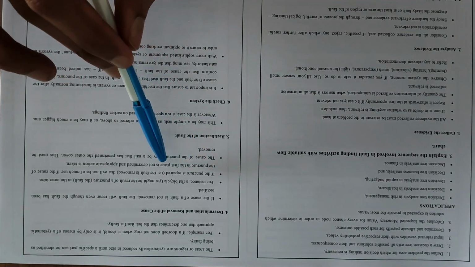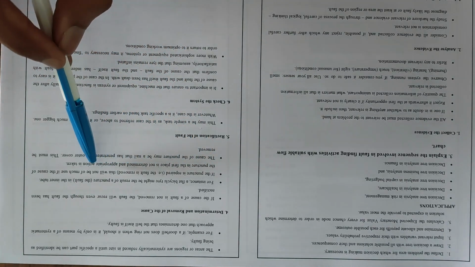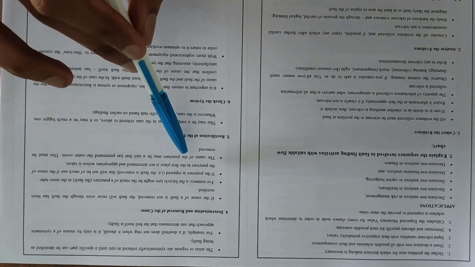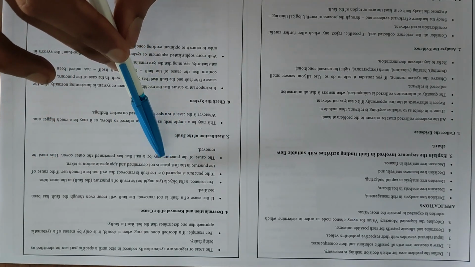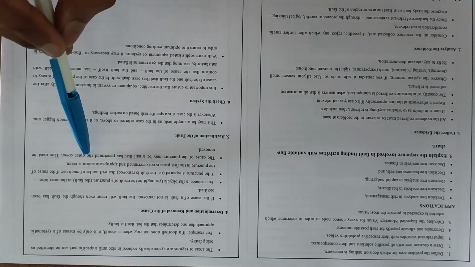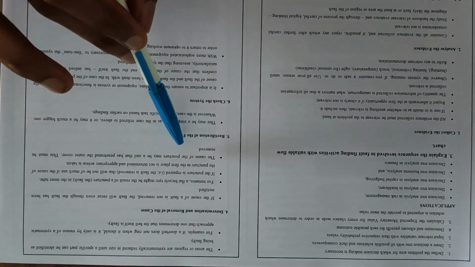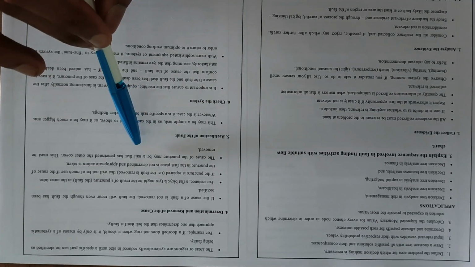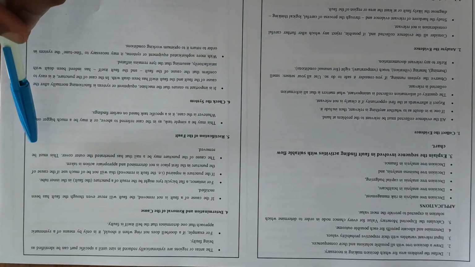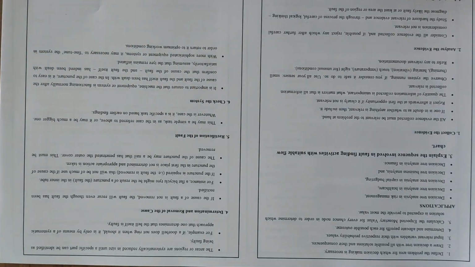If the puncture is repaired, that is, the fault is removed, it will not be of much use if the cause of the puncture in the first place is not determined and appropriate action is taken. The cause of the puncture may be a nail that has penetrated the outer cover. This must be removed.